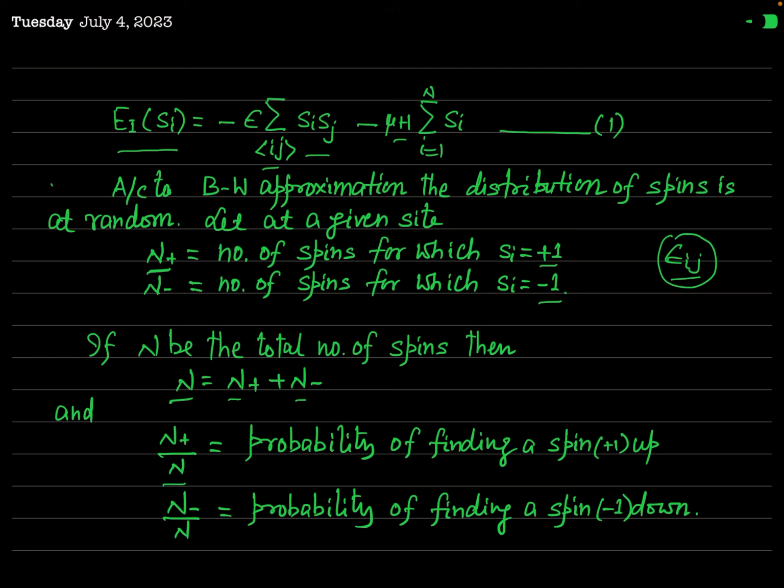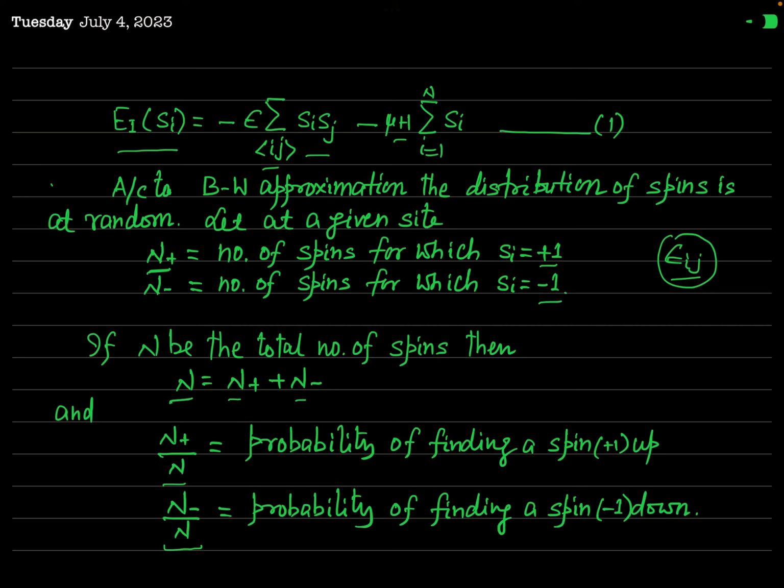Similarly, the probability of finding a down spin will be equal to n minus over n, because n minus is the number of down spins, and the number of down spins divided by the total number of spins is the measure of the probability of a down spin.